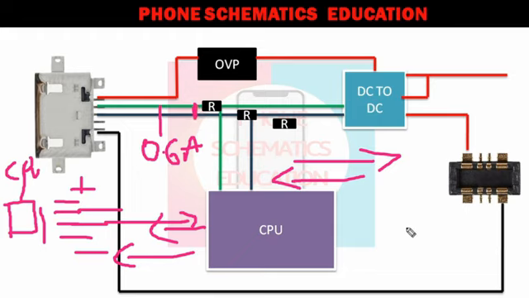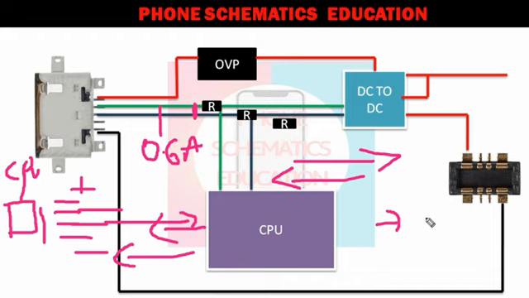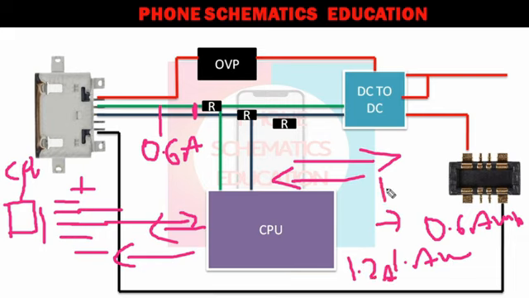You must have noticed, when you connect the charger and an ampere USB charging meter, or an iSense charging meter, or basically a 6-port charging meter, first your phone gets 0.6 ampere. After a few seconds it goes to 1 ampere, 1.2 ampere, 1.6 or 1.8, right?